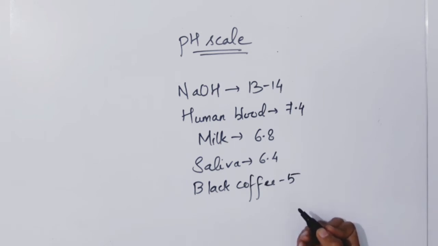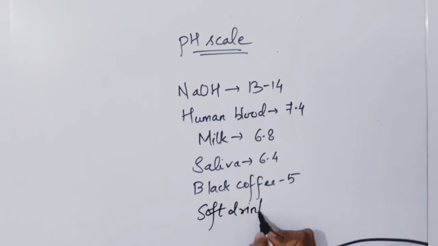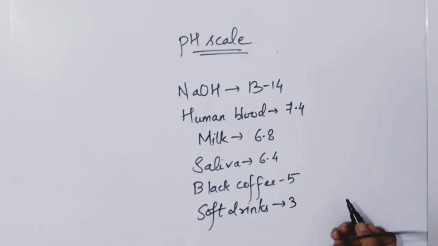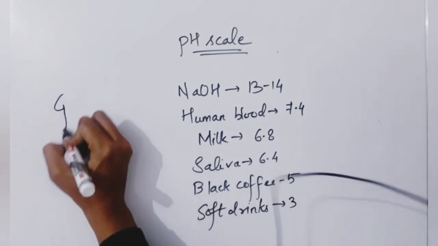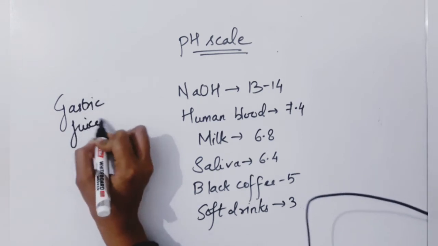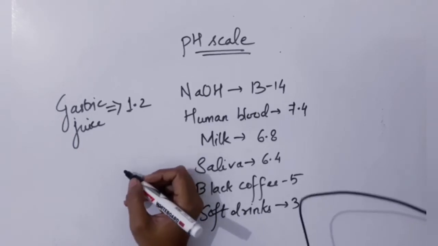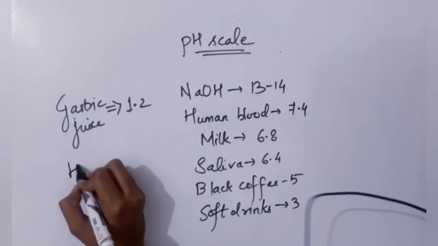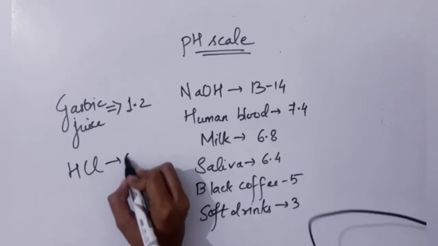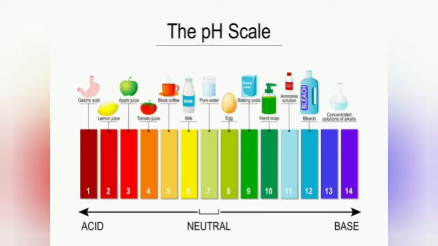Then all the soft drinks have an acidic pH of 3. Then gastric juice is highly acidic, pH 1.2, and HCl, hydrochloric acid, a strong acid, has a pH range from 0 to 1, approximately.